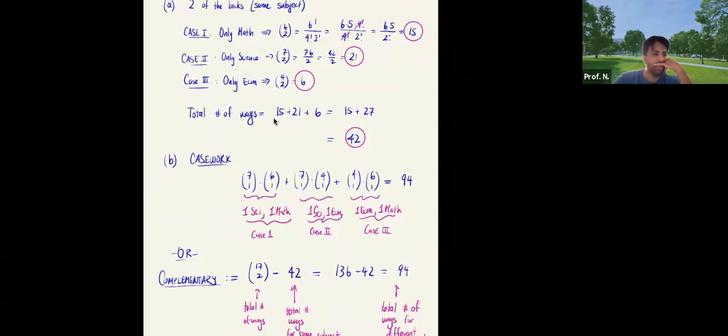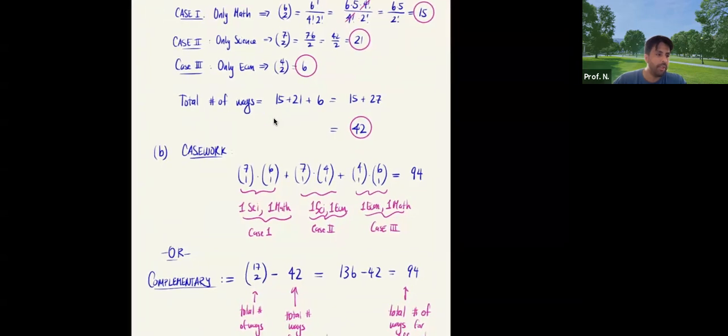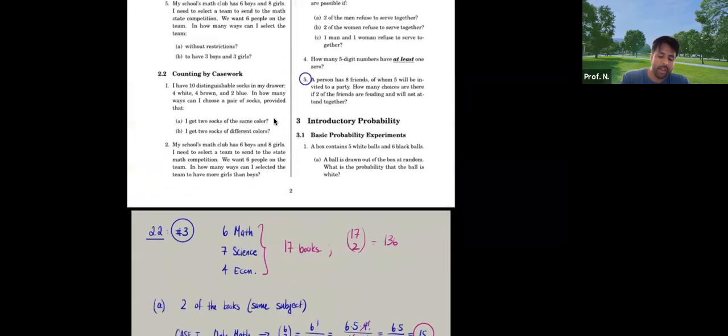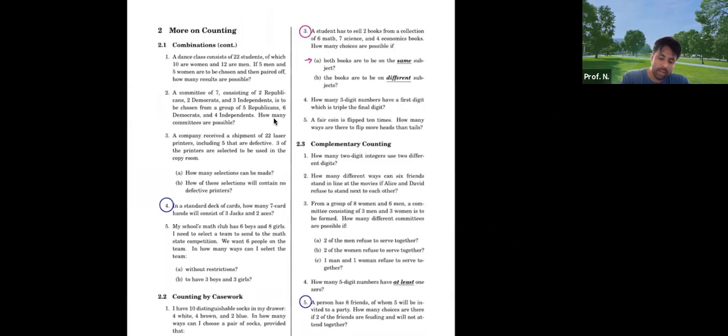Can we do question 4 on the same section? Okay, so question number 4 for casework, it says, how many 3-digit numbers have a first digit which triples the final digit? This should be fairly quick.